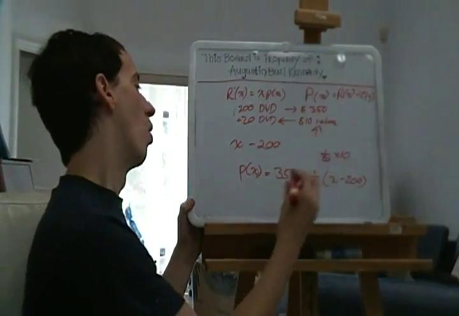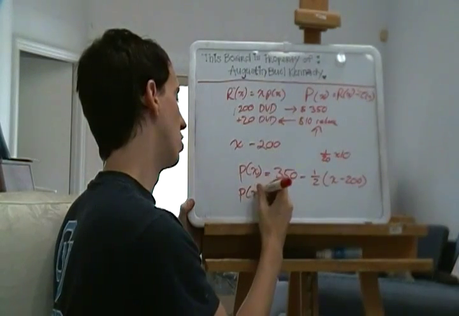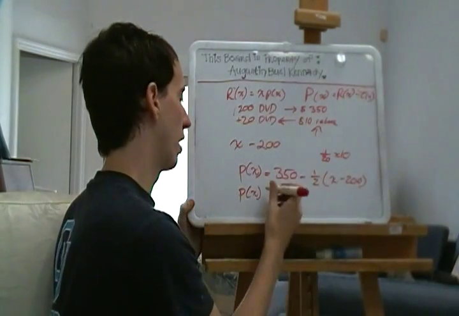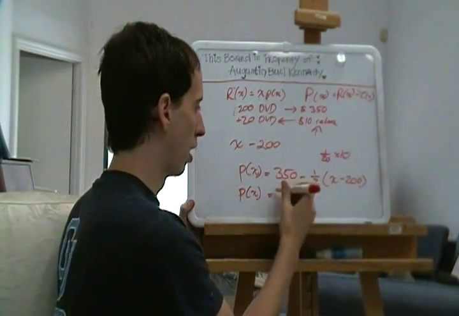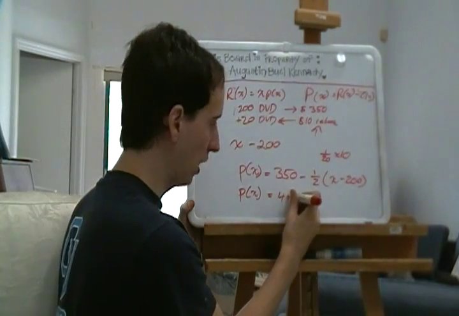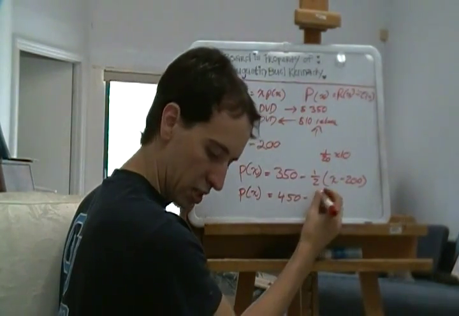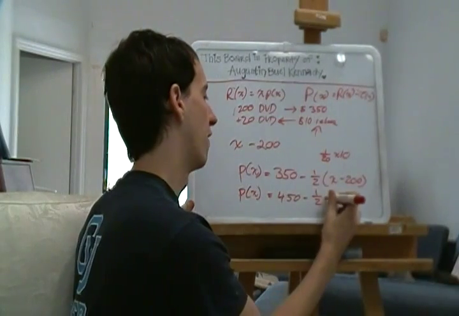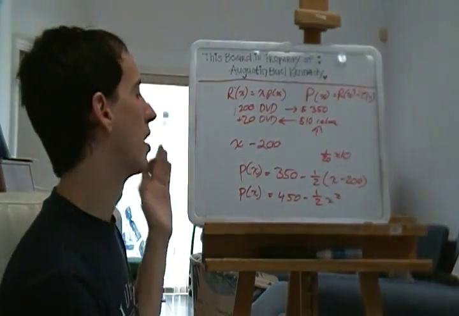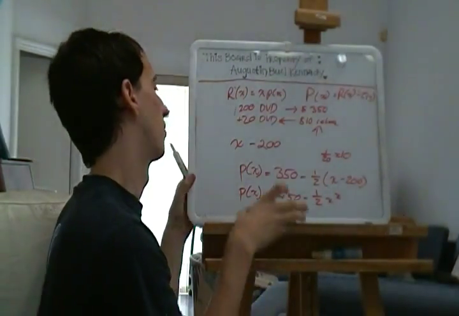There you go. If you do the math there and distribute that through, you'll get 450 minus 1/2 x. That's your demand function.